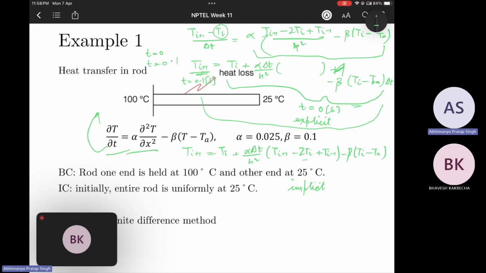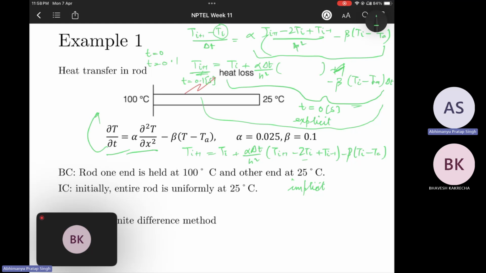Okay. So this is the case everywhere, wherever we are using our implicit solving scheme, which means that we are using the values of the current time step to calculate the current time step, right? That is always stable, but it takes time because we need to use some iterative solvers.